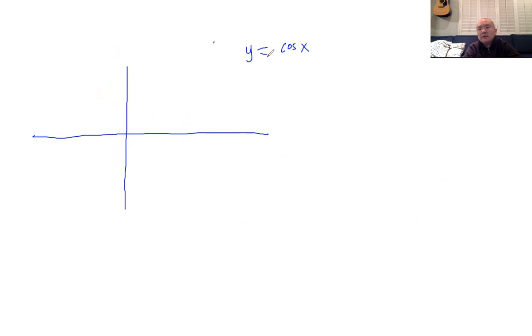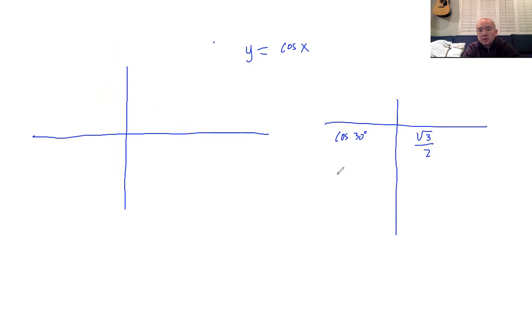All right, so now let's graph on an xy coordinate plane y equals the cosine of x. I want to make a table of values, right? The cosine of 30 degrees equals √3 over 2.